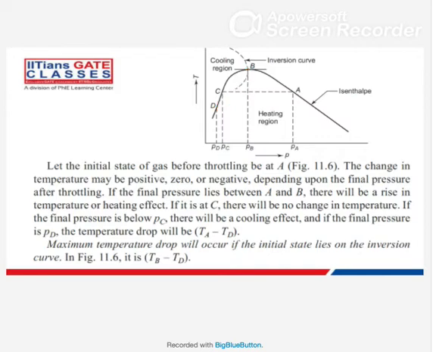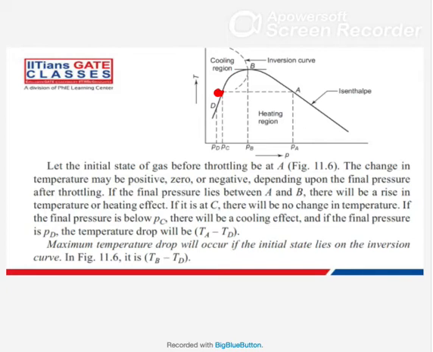So if you want to cool any substance, the maximum temperature drop will be achieved when the initial condition is at the inversion curve, at this state point B. Then the maximum drop will be TB minus TD. But it is not like you should be at B only. If you are somewhere here at C, then you are sure that after expansion your temperature will decrease.